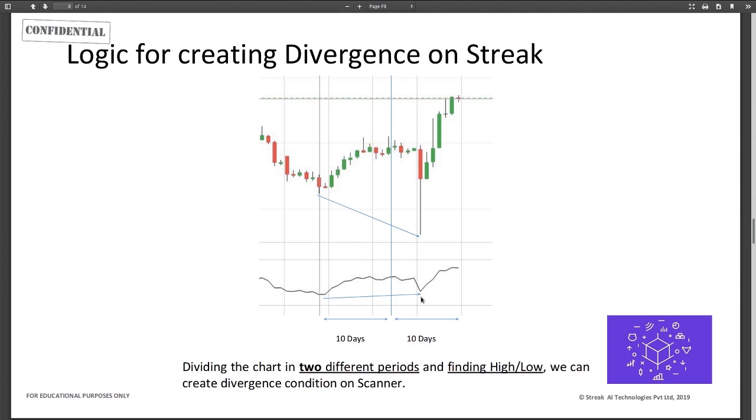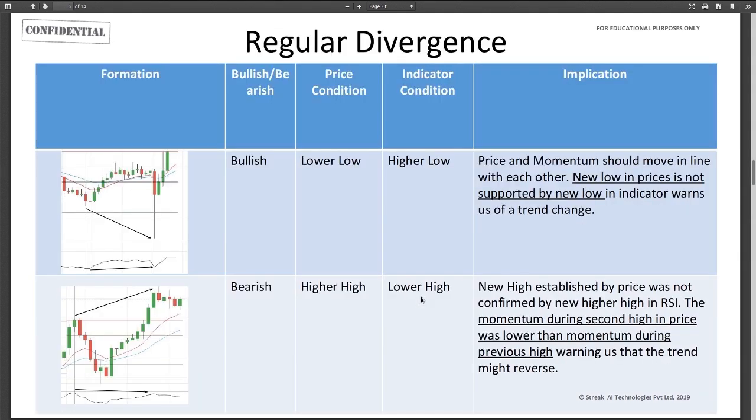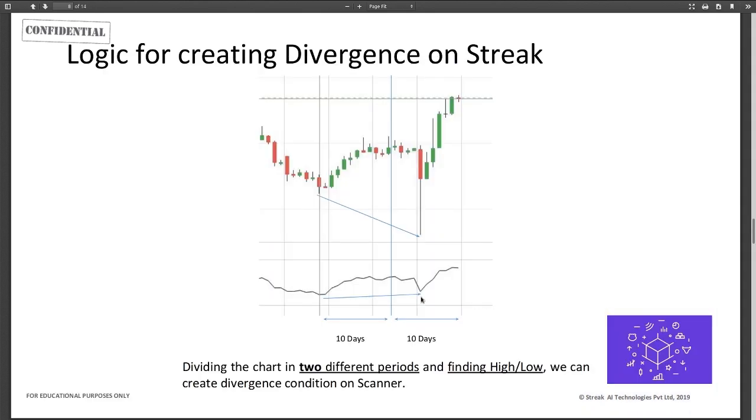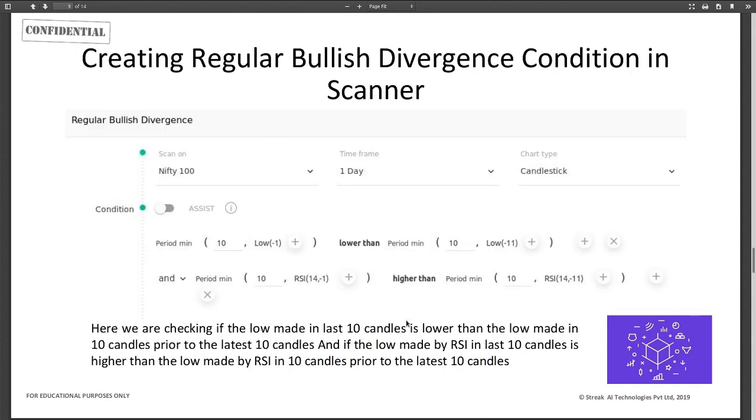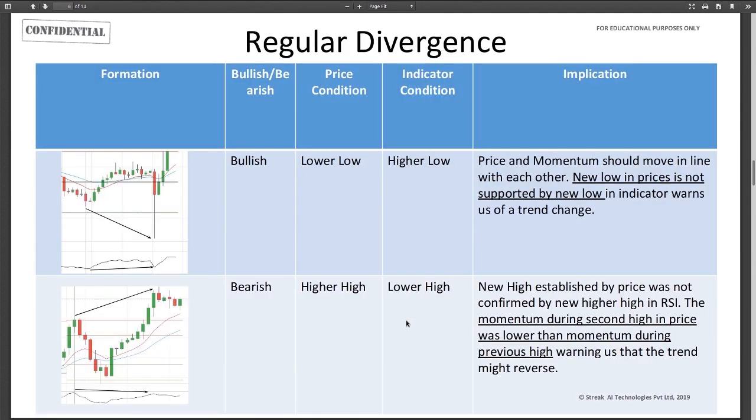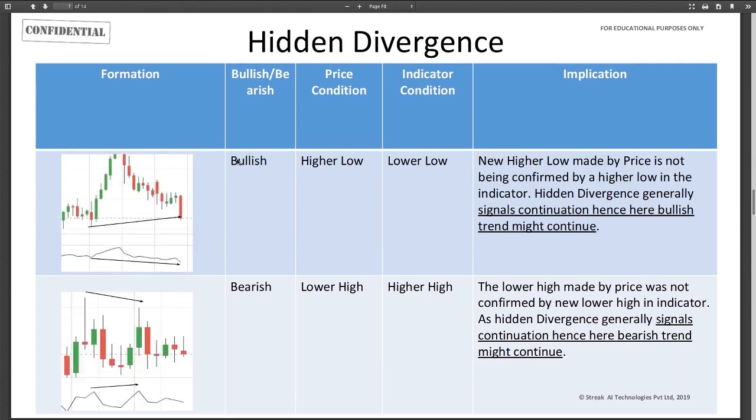Now what kind of divergence it is can be classified very simply in either of these 4 formats. Okay, so let's go ahead and create this so that you can see how it actually looks. So first we will create regular bullish divergence. It basically indicates that a bullish trend is going to start.